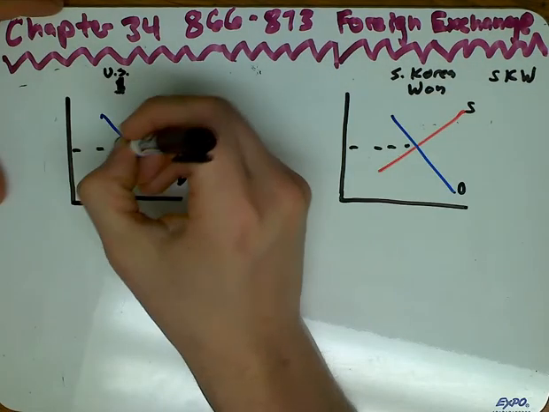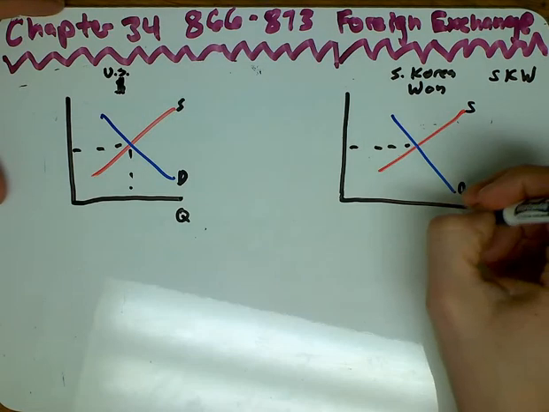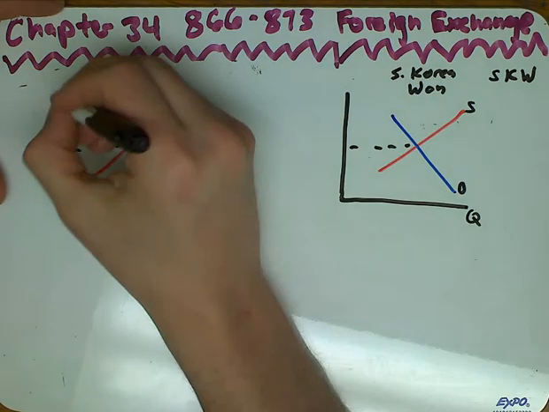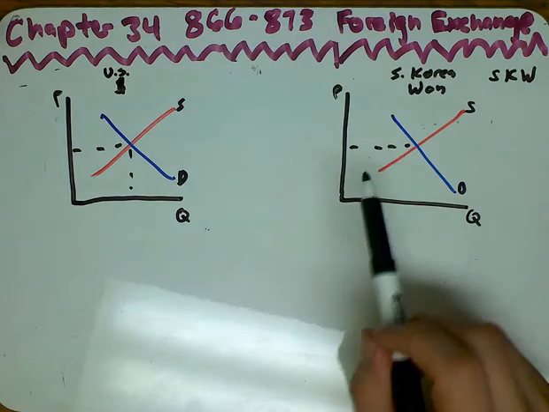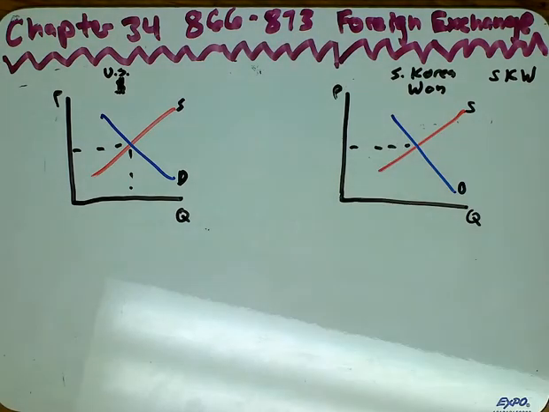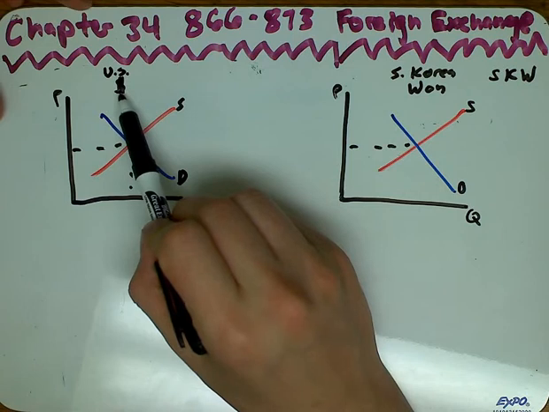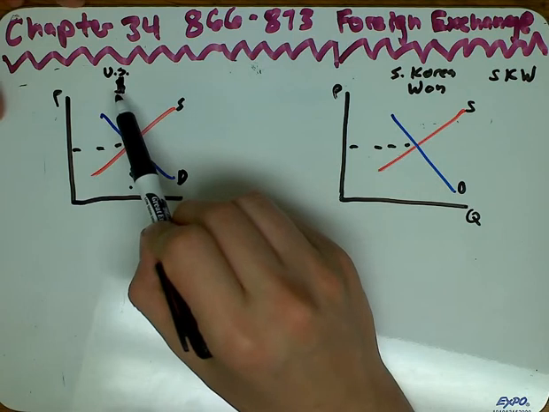We have an equilibrium price, we have an equilibrium quantity. But I don't want to just put price here. Price is important, but the price is actually the exchange rate for which these currencies are measured, like their cost, right? So how much is $1, let's say? How much is $1 in the foreign exchange market?